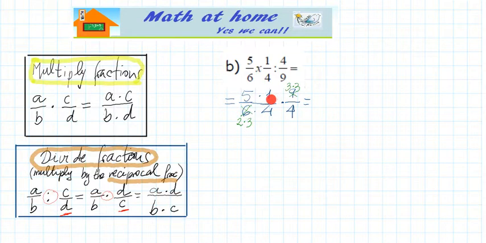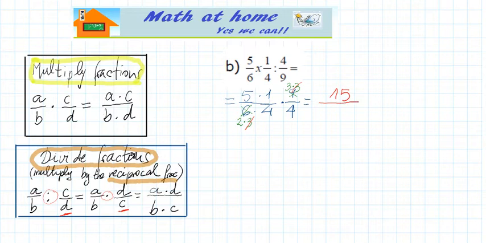So why don't we do that? Why don't we only simplify these two threes and then multiply everything, and not this 3 and this 3. So let's do it. 5 times 1 times 3 equals 15.